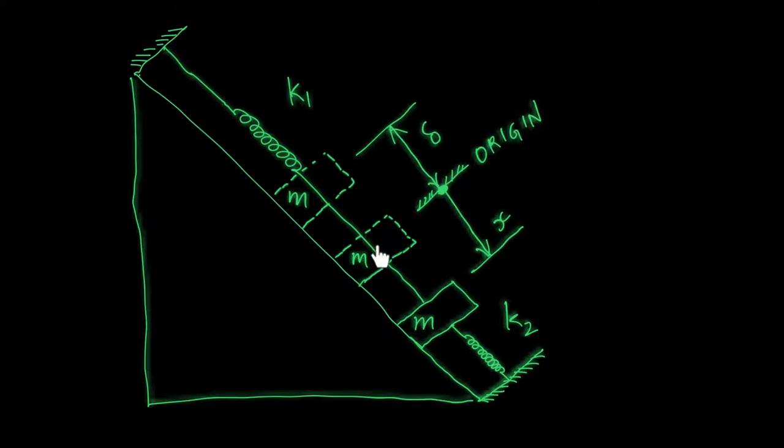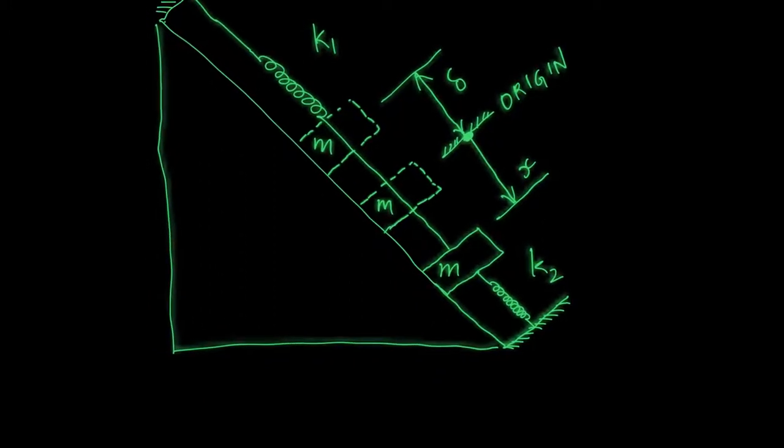This is the static deflection configuration. And now let's say the mass gets moved by an amount little x from its static deflection position. At this particular instant, the whole mass has an acceleration of x double dot along the sliding direction. Clear?